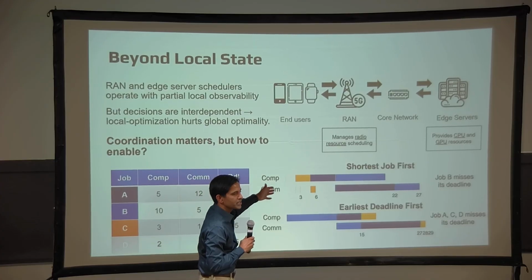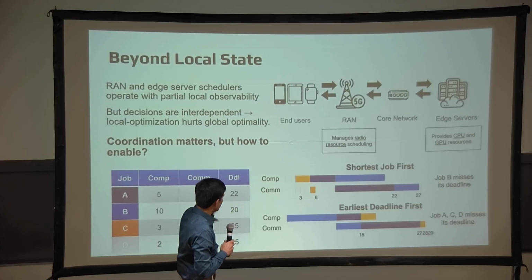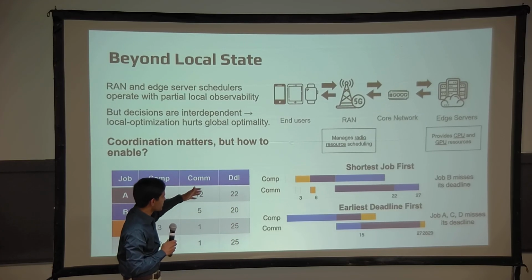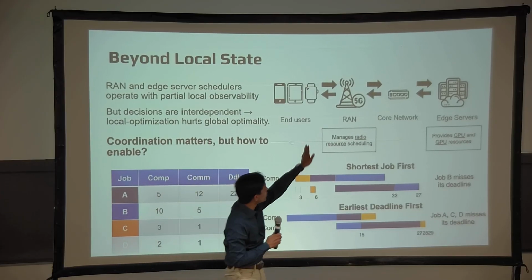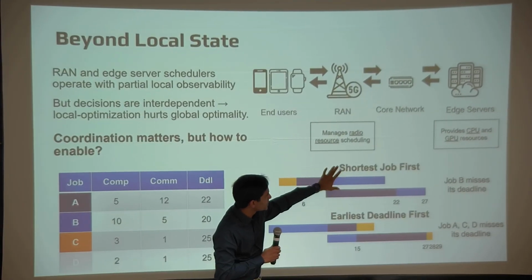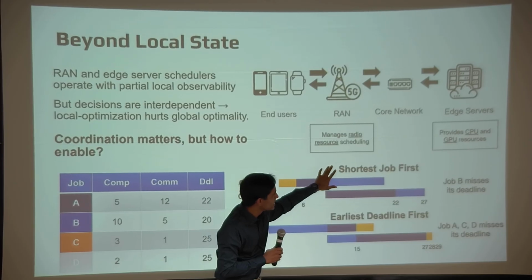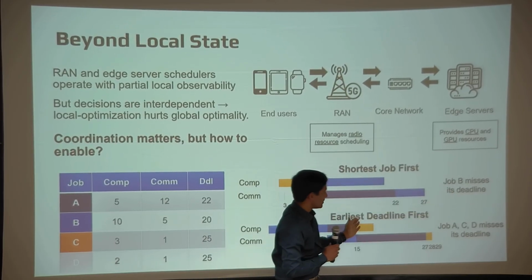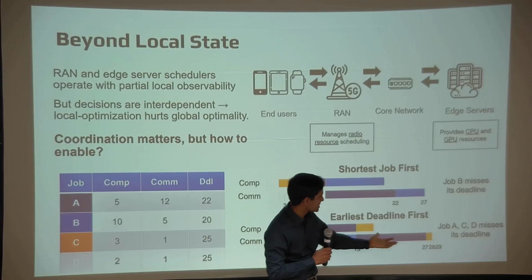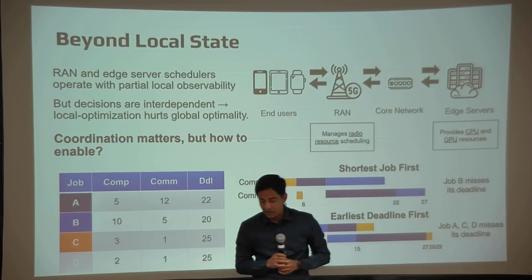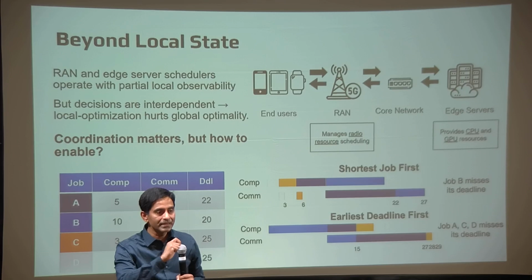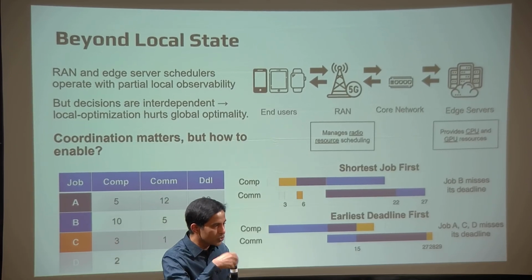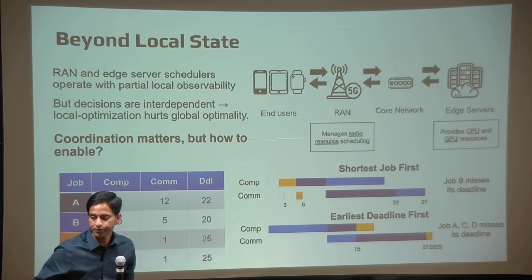This just shows, for workloads that have specific deadlines, if both of the endpoints and the edge server used their locally optimal decisions, you end up with situations where certain jobs miss their deadlines. And if they were to switch to different locally optimal decisions, there's a different set of deadlines that are missed. But the question is, how can we get these controllers to coordinate with each other through the same idea of semantic compression?